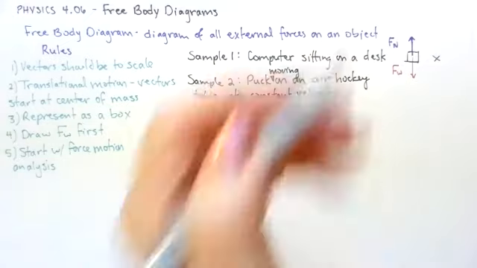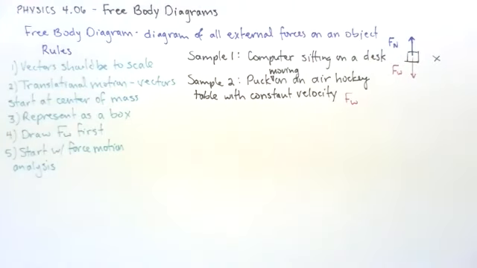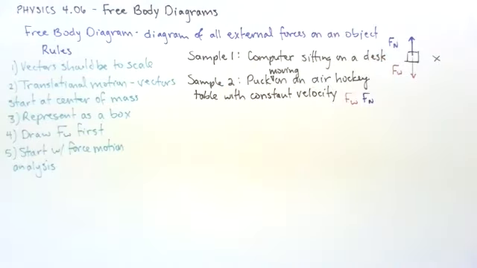All right, hopefully you said gravity, the weight. Hopefully you said normal force. Did you say the force of the striker on the puck? Doesn't say anything in the problem about the striker on the puck.